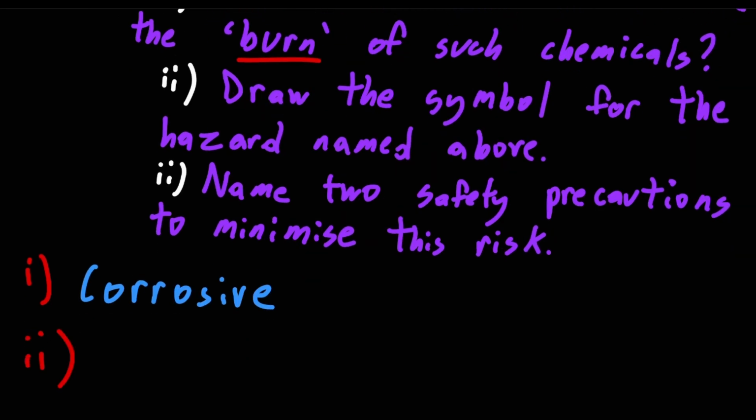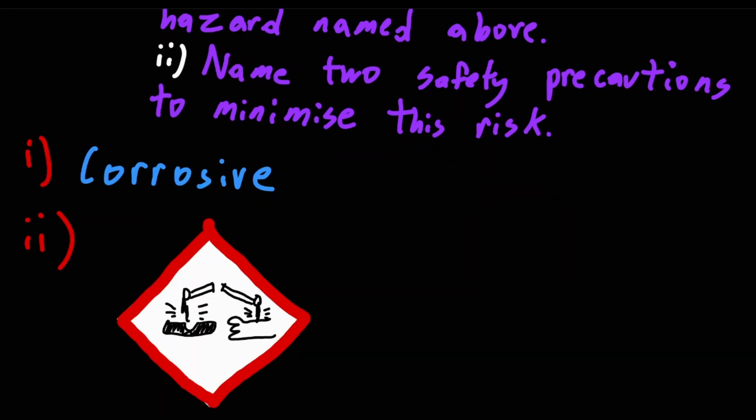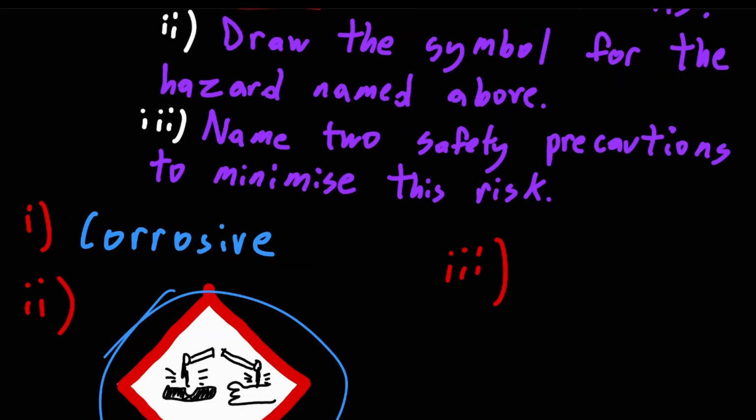Part 2, draw the symbol for the hazard named above. So if you'll remember the symbol for corrosive, I'll draw it now. So that there is the symbol for corrosive. You don't really have to know how to draw these, but it is good practice if you want to become confident with them. And then part 3, name 2 safety precautions to minimize this risk.